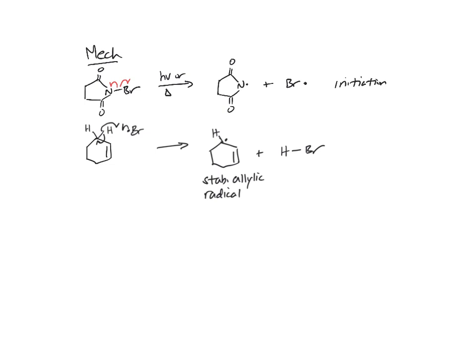So you have this allylic radical, and then in the next step, we are going to take another molecule of NBS, and it's going to react with the HBr that we just generated. So that's HBr from above.